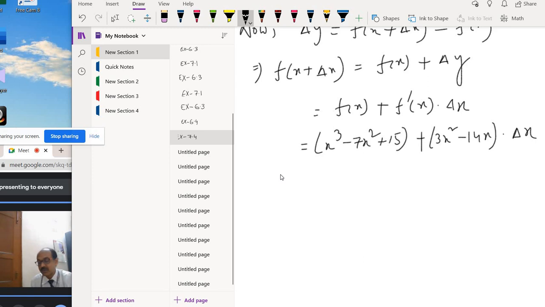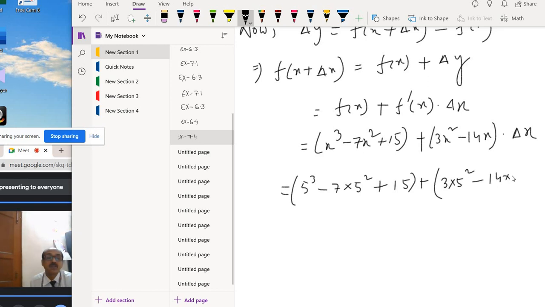So this is 5 cube minus 7 into 5 square plus 15, plus 3 into 5 square minus 14 into 5, into 0.001.